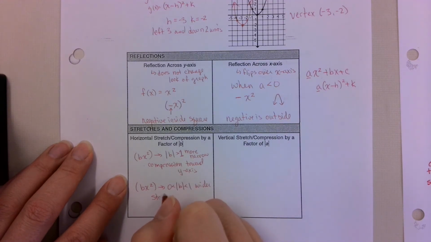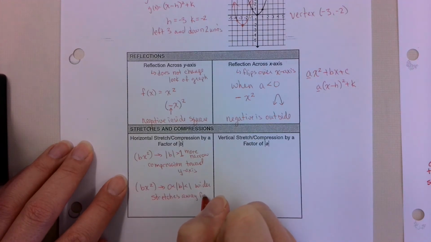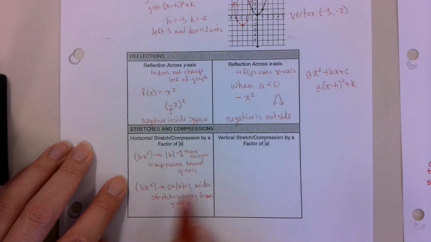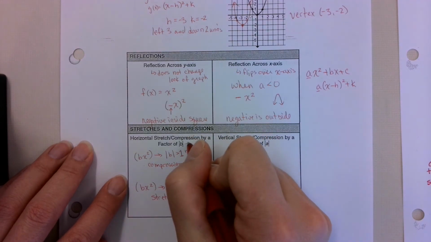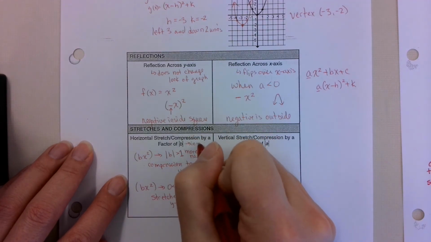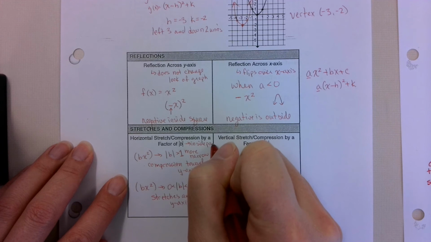So we're going to say that it stretches away from the y-axis. It makes it wider. Okay, so this is a compression or a horizontal stretch would be another way you would say it. So when you have a factor of b, this is inside the parentheses.